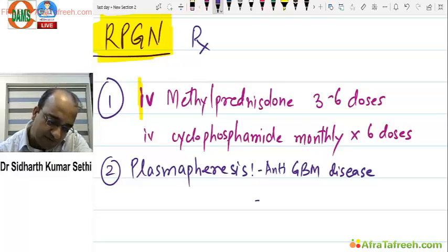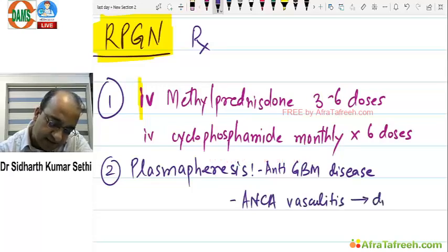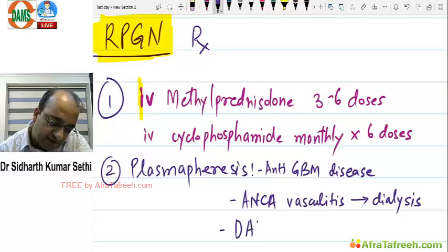We also do plasmapheresis in ANCA-associated vasculitis which is requiring dialysis. If this needs dialysis, I will do an early plasmapheresis. And the last is, of course, diffuse alveolar hemorrhage.